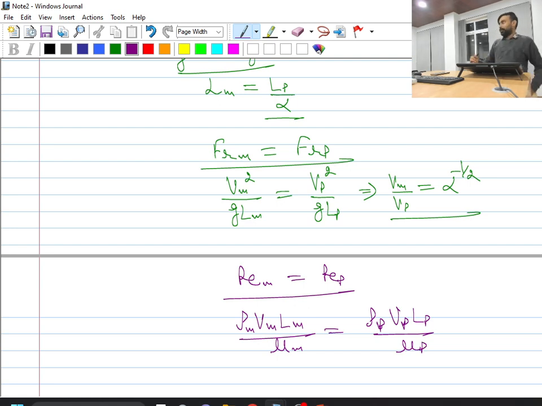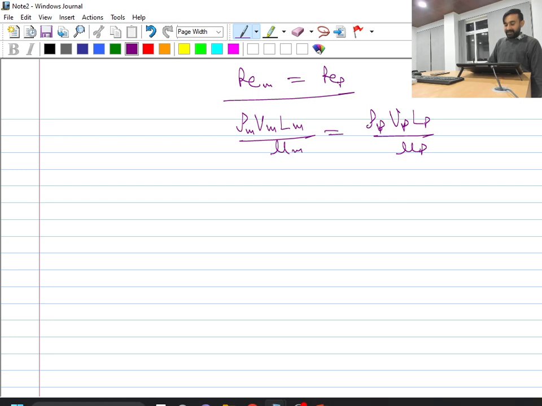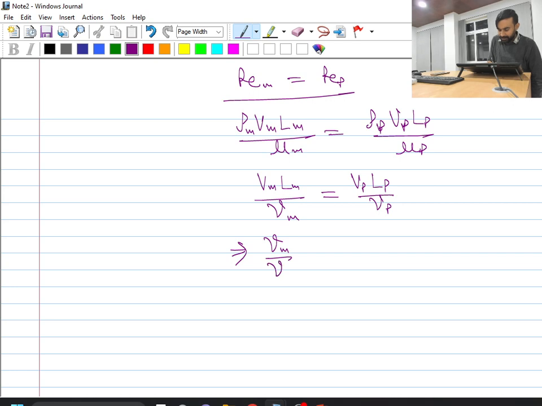Now I can divide mu by density, so ultimately it becomes kinematic viscosity nu. So I will be getting Vm Lm by nu model, where nu is nothing but kinematic viscosity, dynamic viscosity by density, equals Vp Lp by nu p. So from here, nu model by nu prototype is equal to how much?